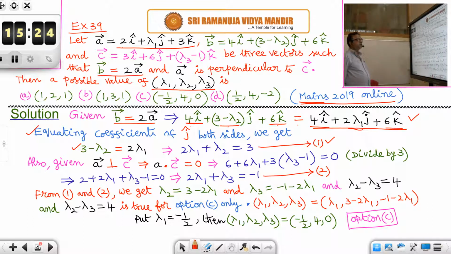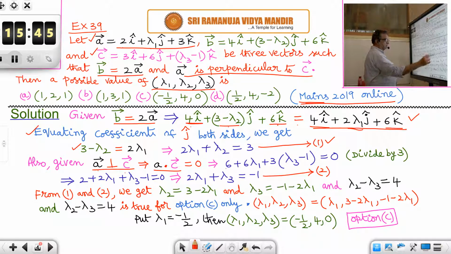And also, what else is given in the problem? a bar is perpendicular to c bar. Okay. a bar is perpendicular to c bar means a bar dot c bar is equal to 0. What is a bar dot c bar? This vector dot this vector: 6 plus 6 lambda 1 plus 3 times (lambda 3 minus 1).